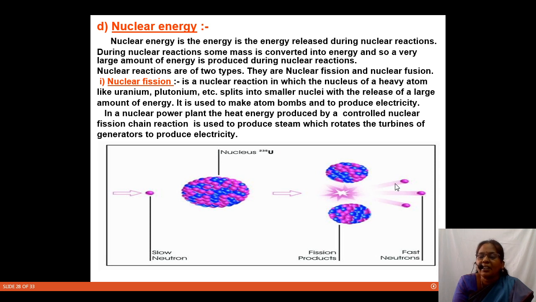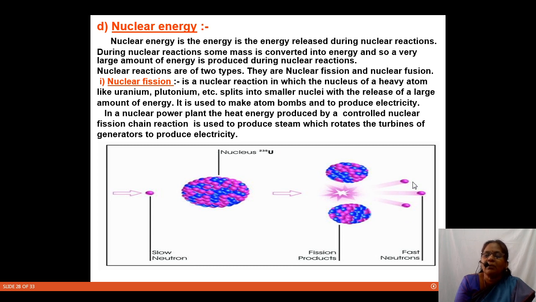Along with that, three neutrons again. These three neutrons are fast moving neutrons. Along with that, a tremendous amount of energy is released. A slow moving neutron bombarding the uranium nucleus splits it into two medium, equal size nuclei, three neutrons and a tremendous amount of energy.